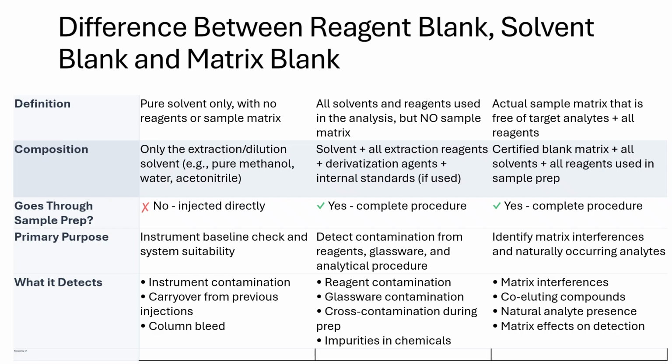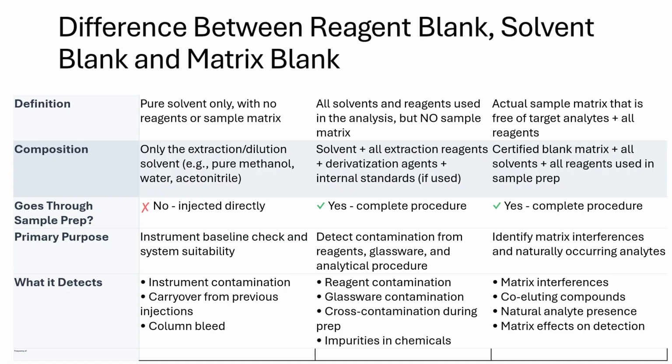The primary purpose of running a reagent blank is to identify if there is any contamination in reagents or glassware or the analytical procedure. It will detect any reagent contamination, glassware contamination, cross contamination during sample preparation, or impurities in chemicals.